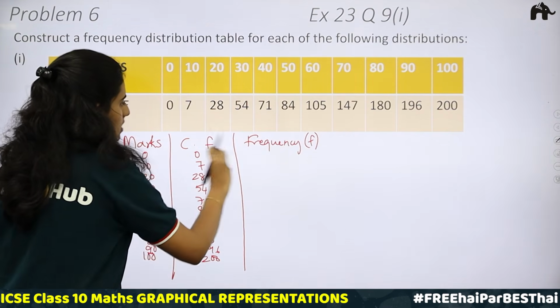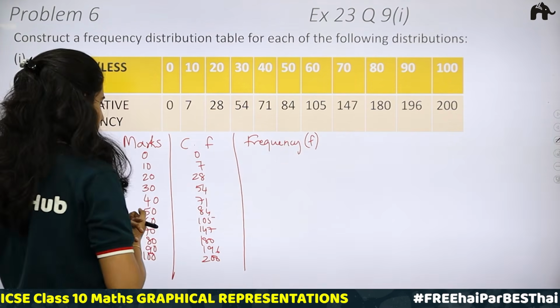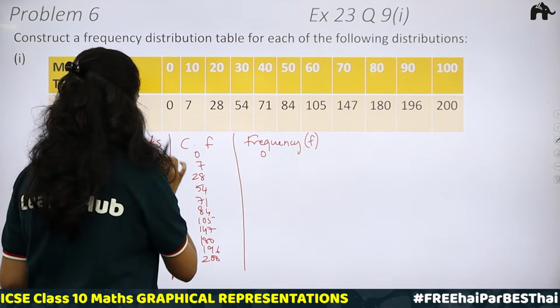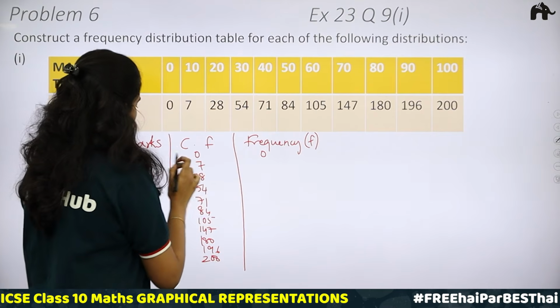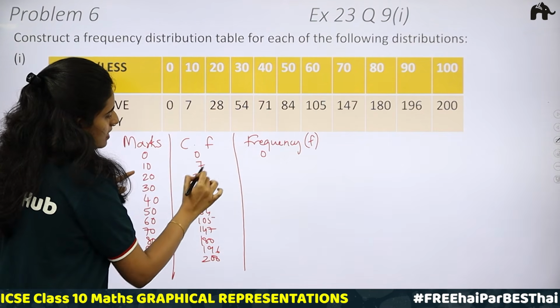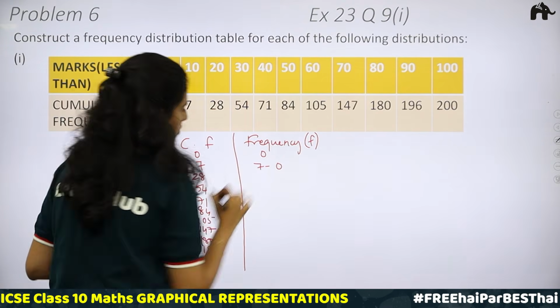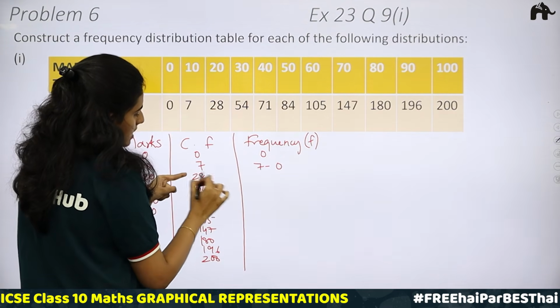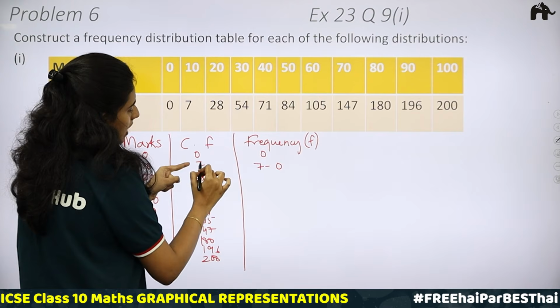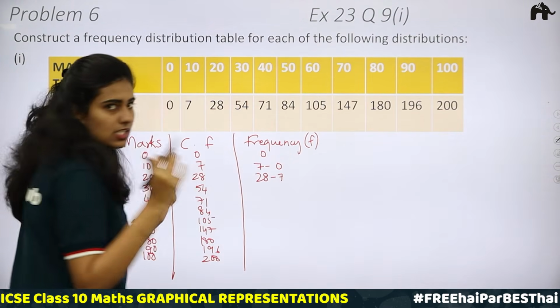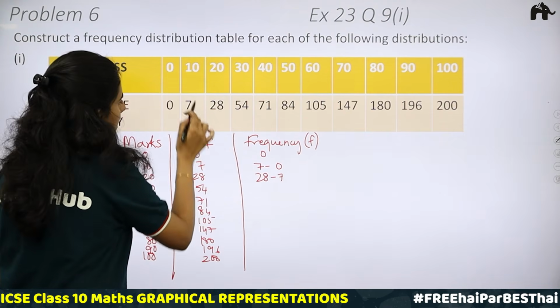To find frequency, you just need to subtract the values. Okay, here we have already 0, that is 0. To get the second one, that is less than 10, you have to subtract this cumulative frequency from this cumulative frequency, that is 7 minus 0. Okay, to get the next one, from 28, you will have to subtract this 7. 28 minus 7. So, just use the logic here.